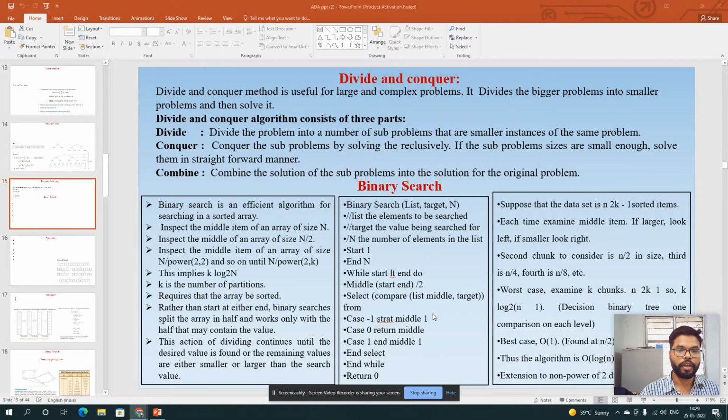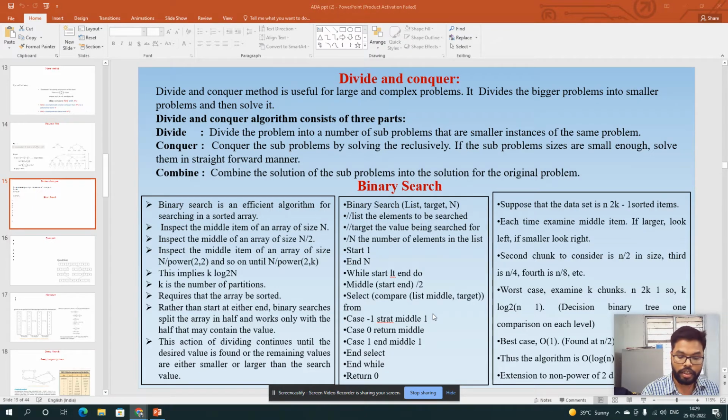And lastly, combine. This means combining the solutions of the subproblems into the solution for the original problem. In the last step, the solutions of each individual subproblem are combined together to get the solution of the original problem.